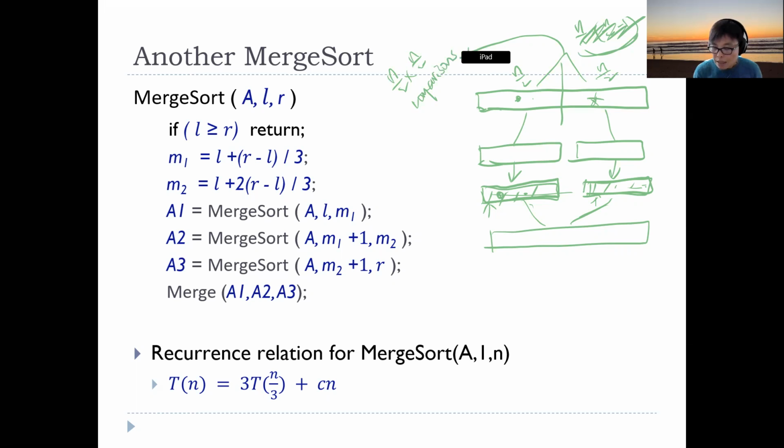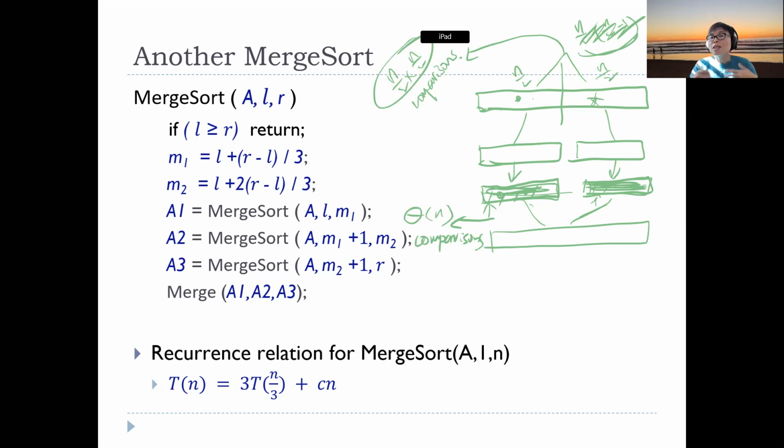But once each subarray is already sorted, the merge procedure, leveraging the sorted substructure, only takes linear time. This can be done in linear time instead of n squared. That's where we are saving.